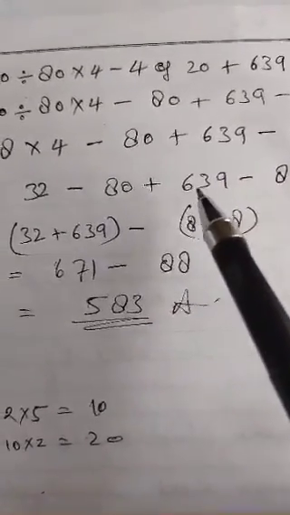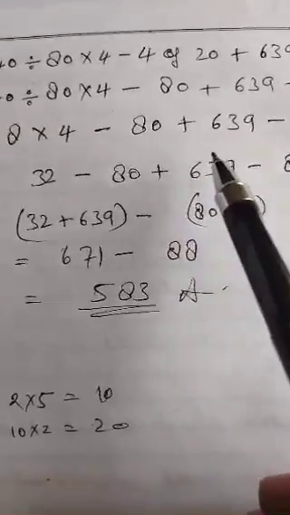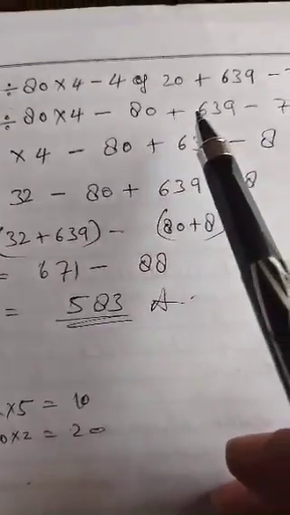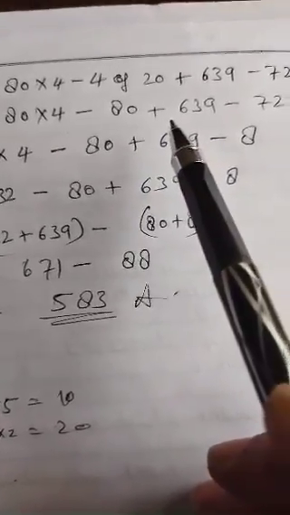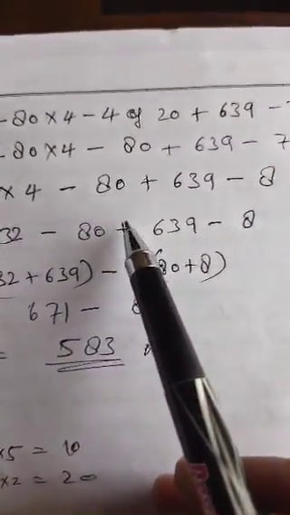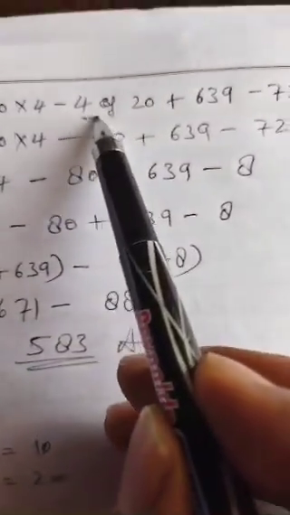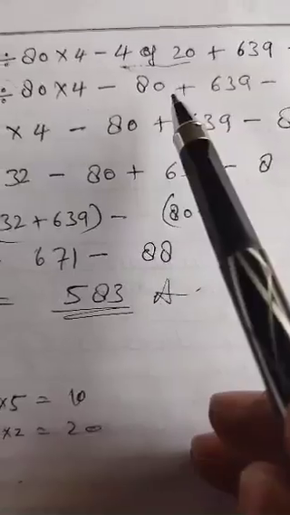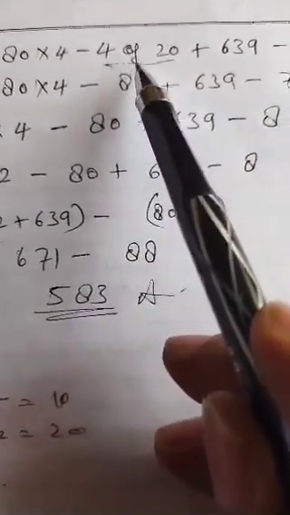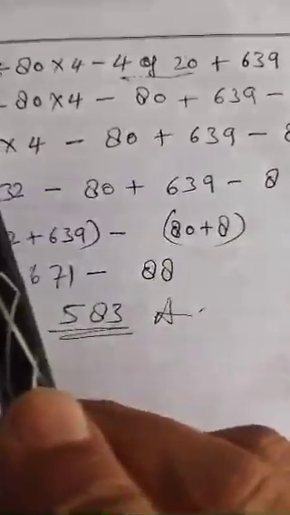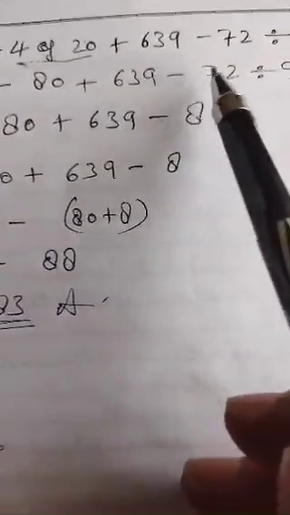So in BODMAS, the first one is bracket. In this question there is no bracket, so we will leave that option. Second one is of. So where of is coming, we will have to solve those portions. So here see, only one of is coming. So we will solve this. Of means multiply. So 4 into 20, that is 80. The remaining question will be written as it is.